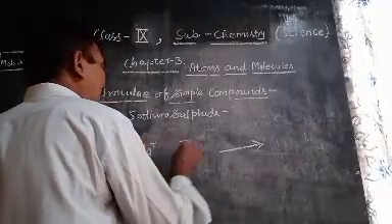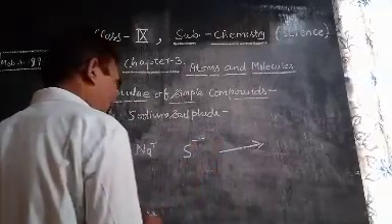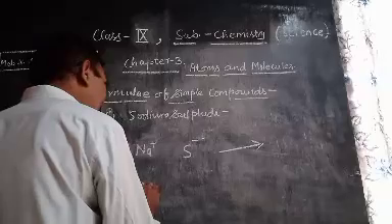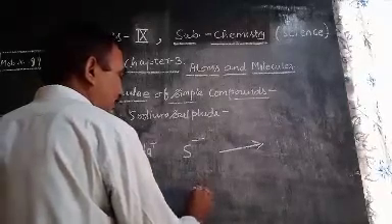Valency of sodium is 1 and sulfur is -2. Valency of sodium is 1 and sulfur is 2.